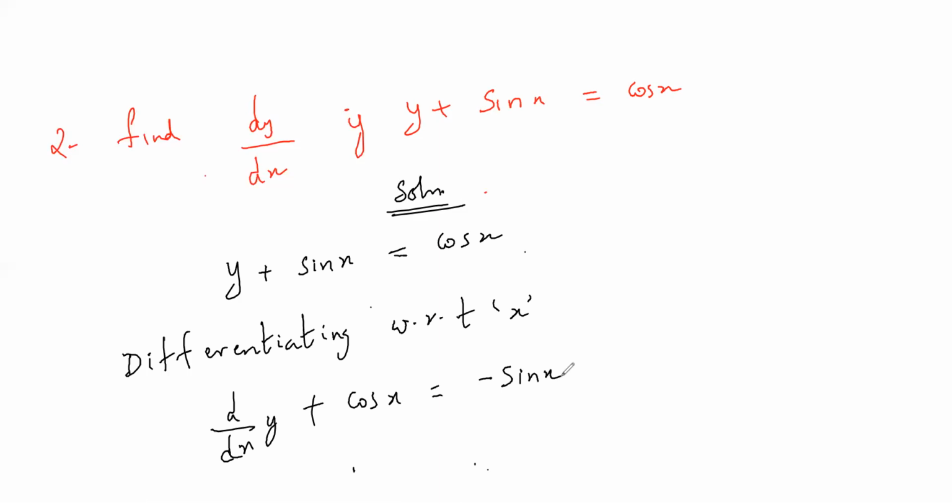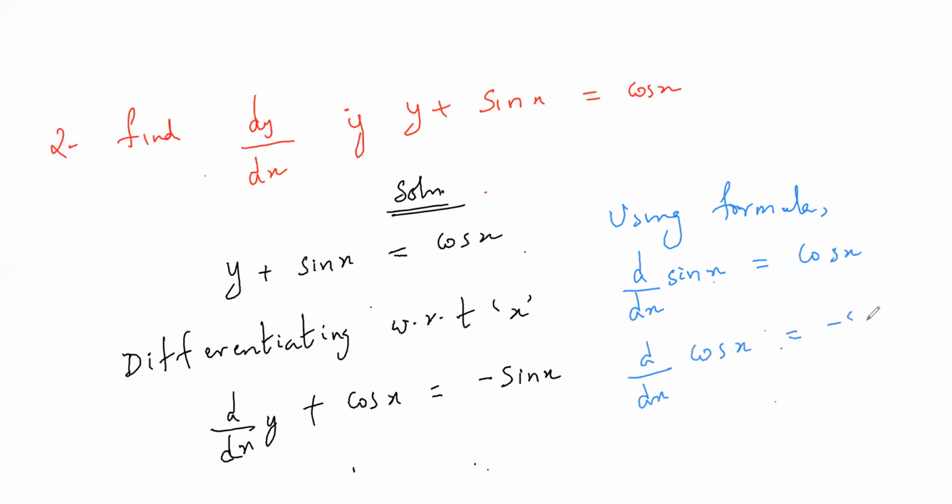So in examination, you have to write using the formula, or else at least now, if you're in the beginning stage, you should write like this: d by dx of sin x is equal to cos x. d by dx of cos x is equal to minus sin x. That's all.